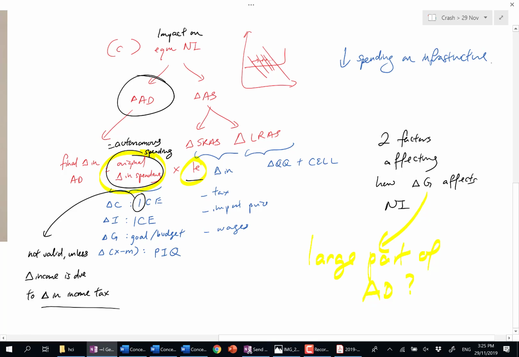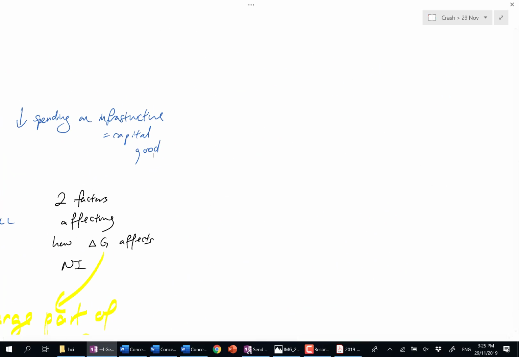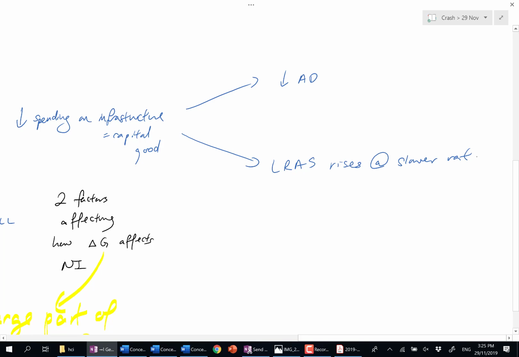If you cut spending on infrastructure, infrastructure is a capital good. You are investing less in terms of the quantity of capital. So if I spend less on infrastructure, you're right, AD falls. What happens to LRAS? LRAS rises at a slower rate.